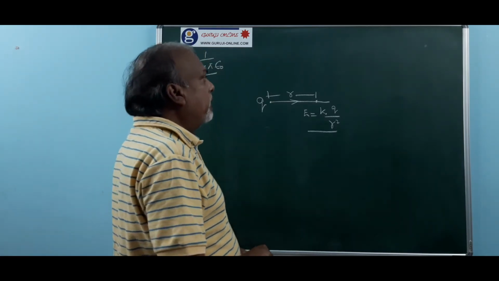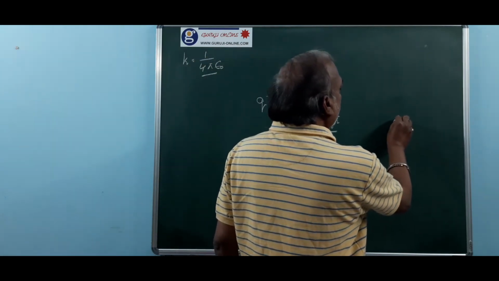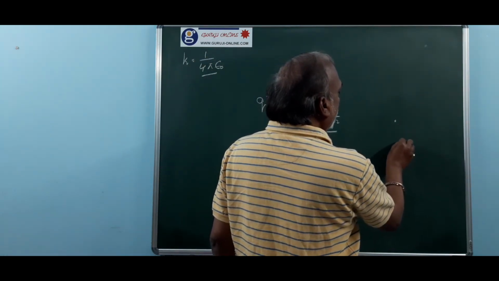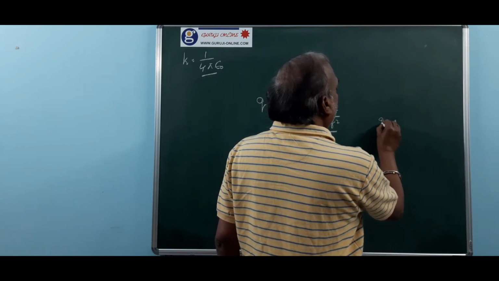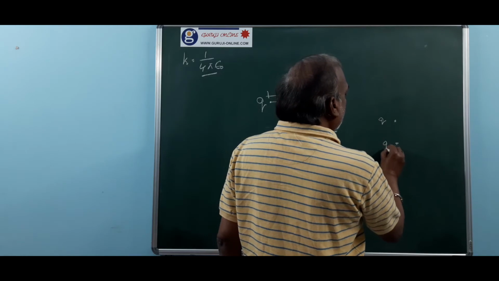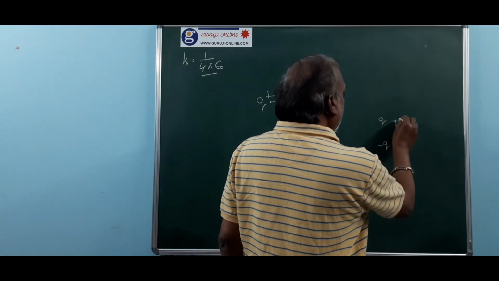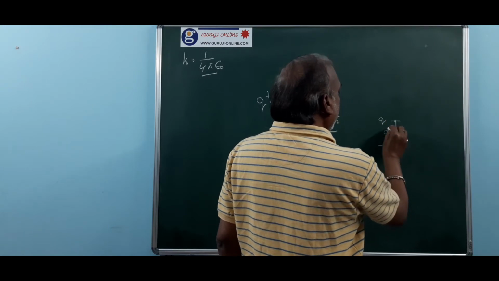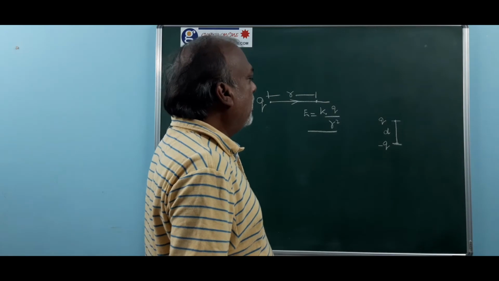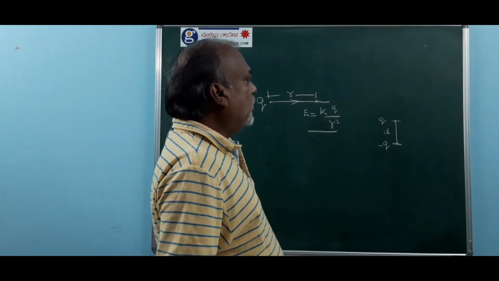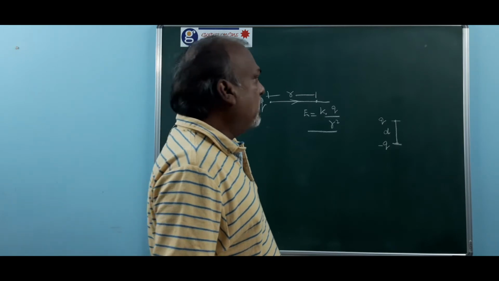Now let us see what is the dipole. Dipole is nothing but a combination of two unlike charges. Suppose this is q and this is minus q, and the distance between them is d. This is the dipole comprising two unlike charges with a very small distance in between them.